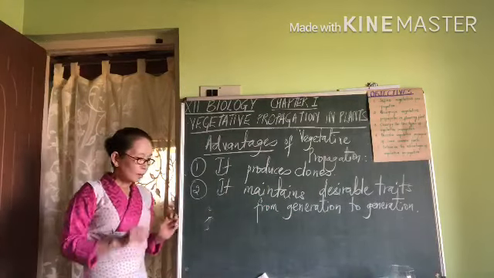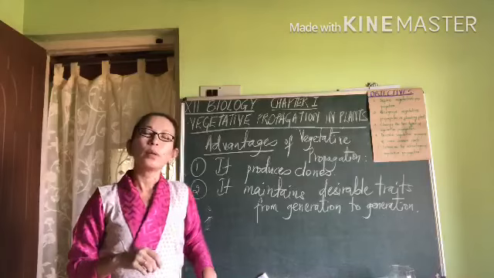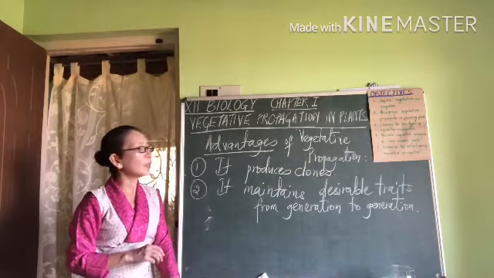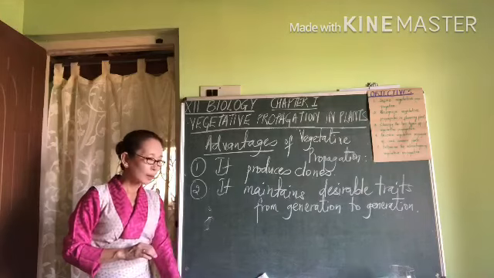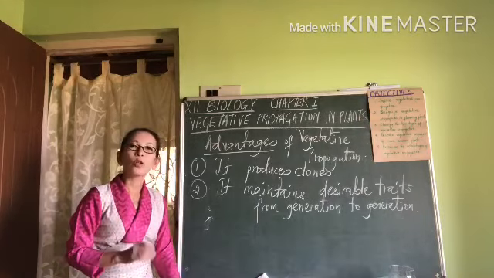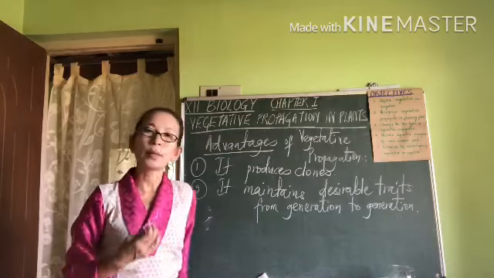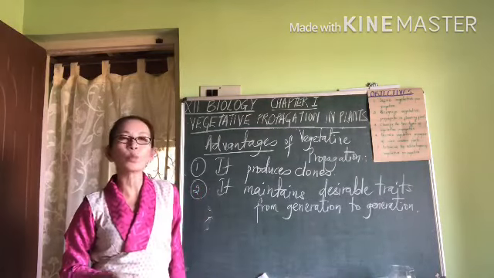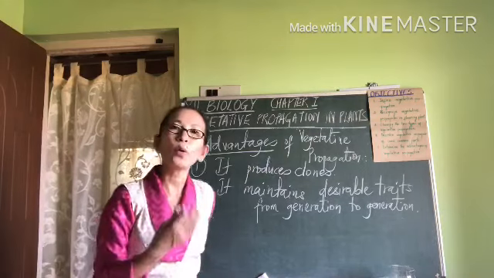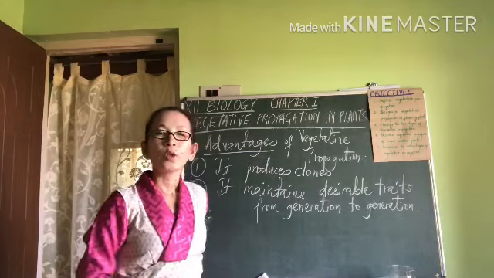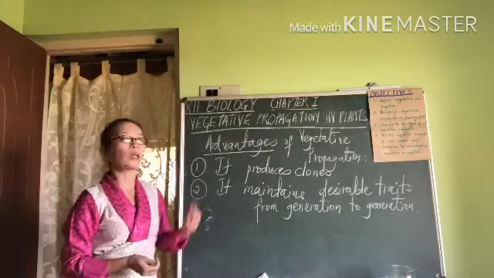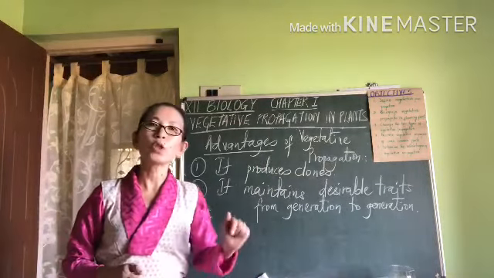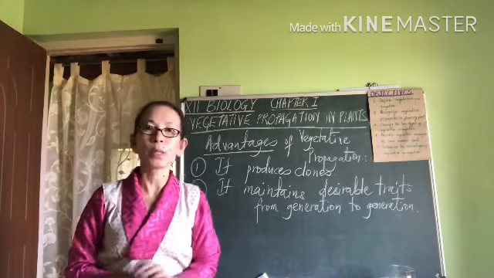Likewise, another important advantage of vegetative propagation is that there are plants which cannot produce much viable seed. That means to say they cannot produce seeds which are good enough to grow into a new plant. So in such plants, vegetative propagation can be a very important alternative way to propagate and to continue their species.